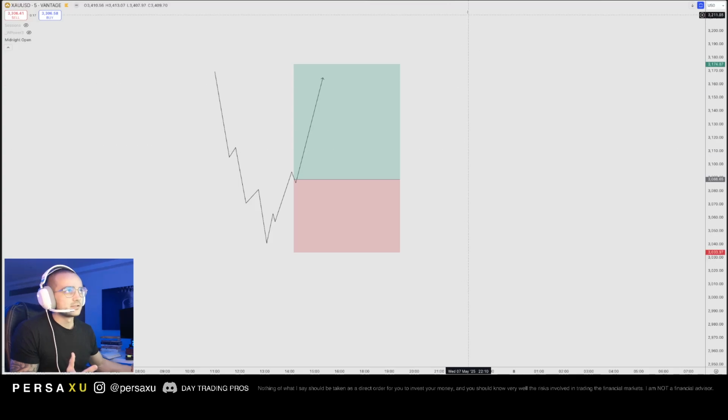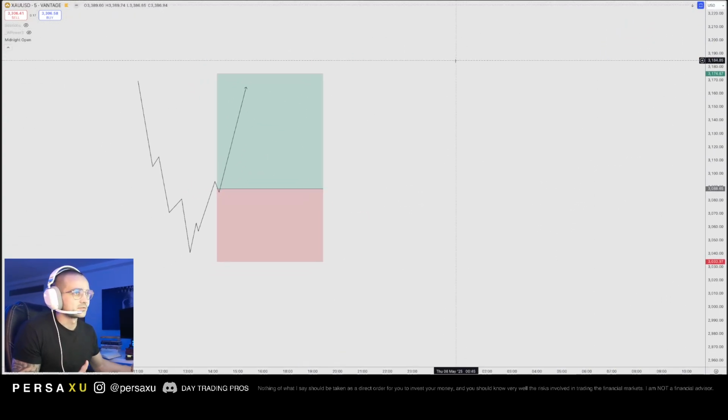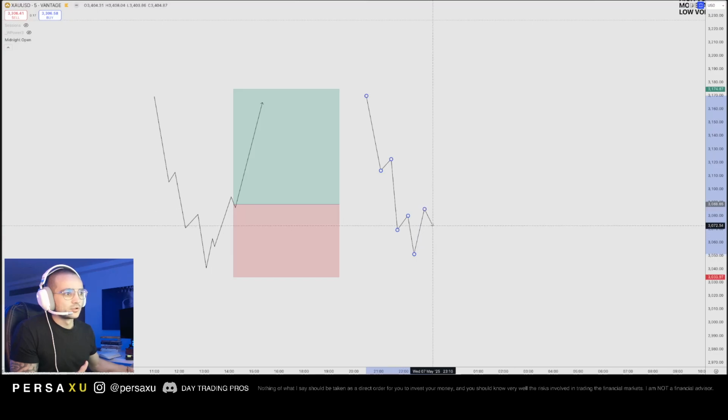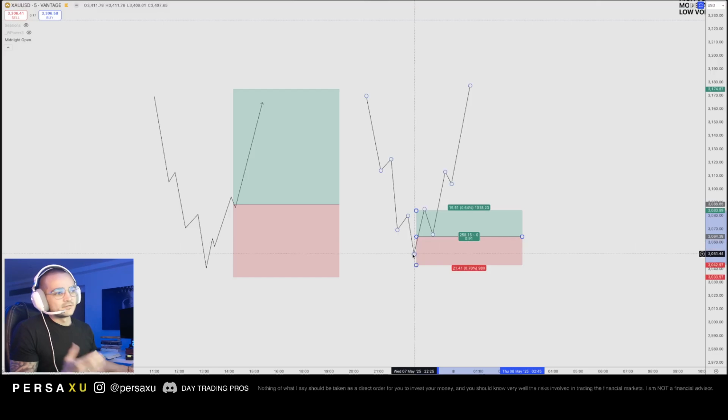That is different than, say, we're coming down and we're entering at a lower area. Let's say we entered over here just as it was coming up, right? If the entry is so low, it's almost excellent.